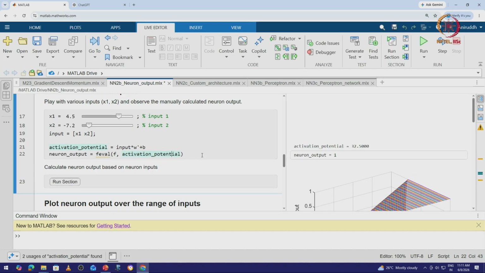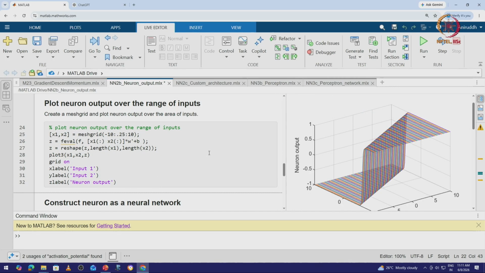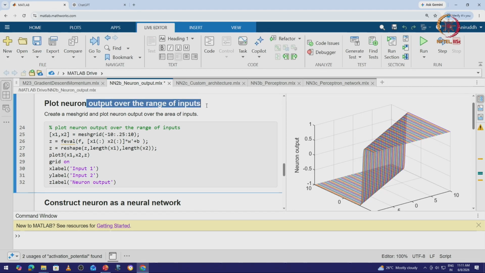Now when we plot the output of the neuron for varying values of x1 and x2, we observe the curve on the right. With varying x1 and x2 they would have a corresponding value of the output, and we can see it in a 3D plot. So this is how the plot would look with respect to the output.